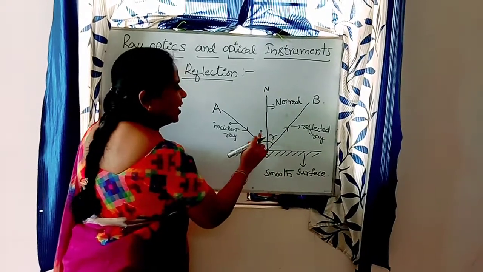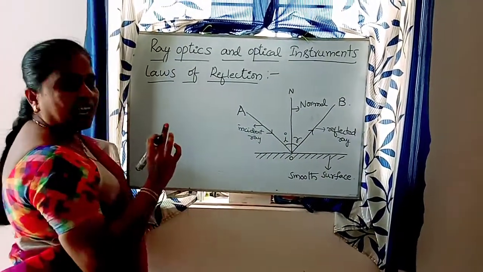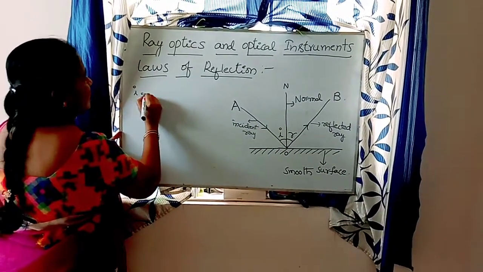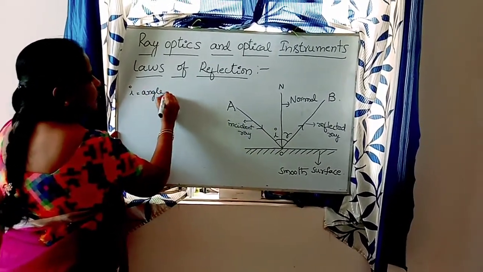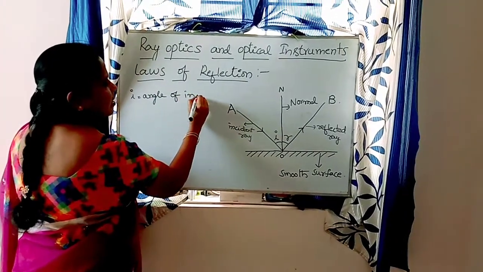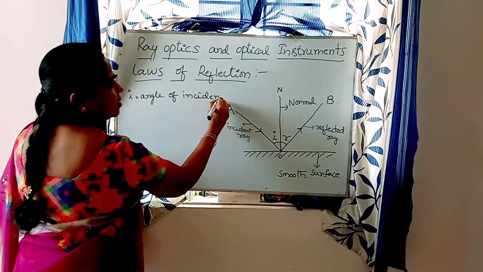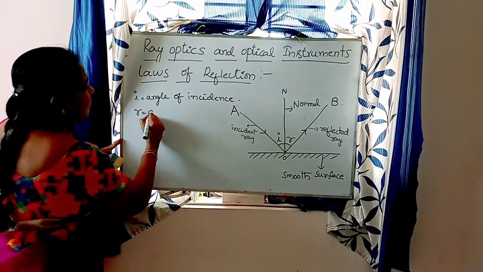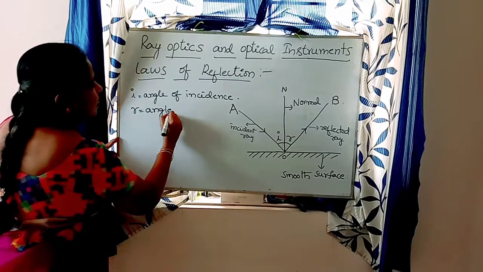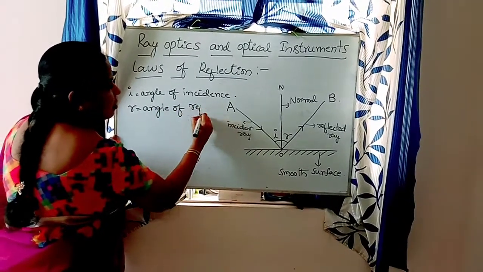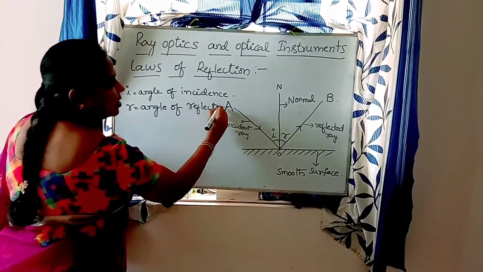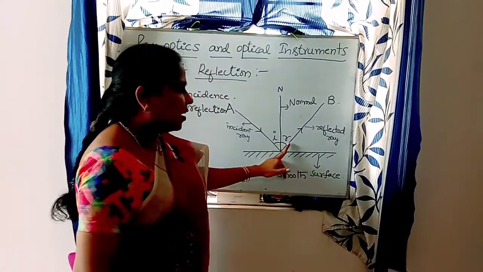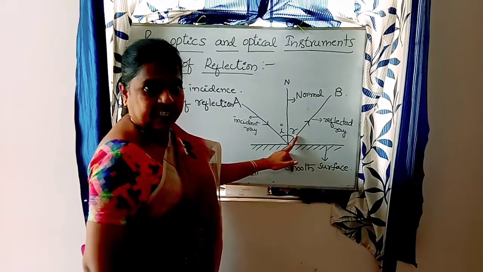So I is called the angle of incidence, and R is the angle of reflection.